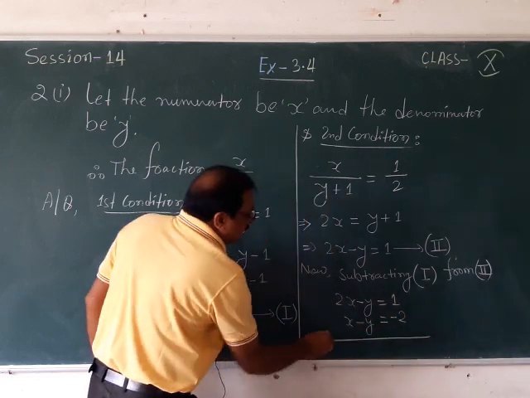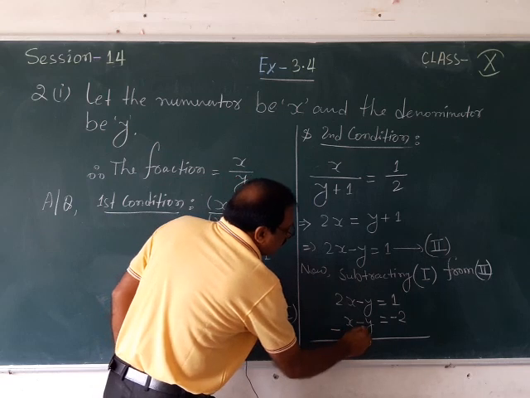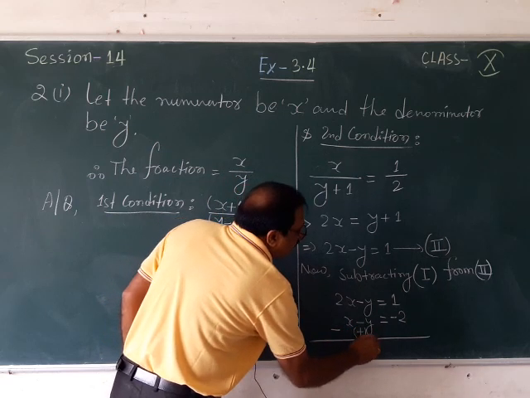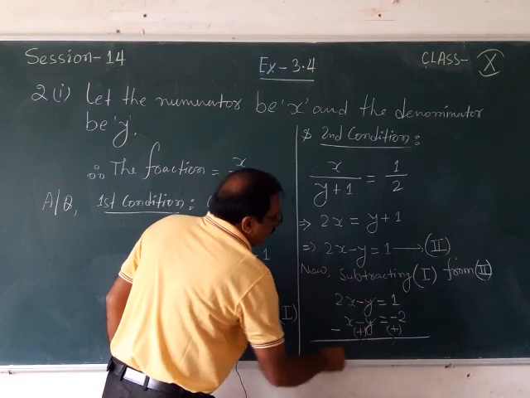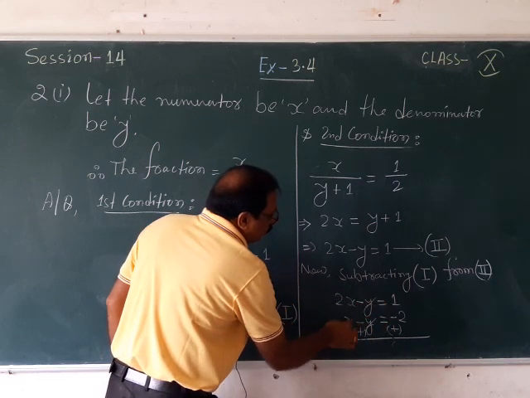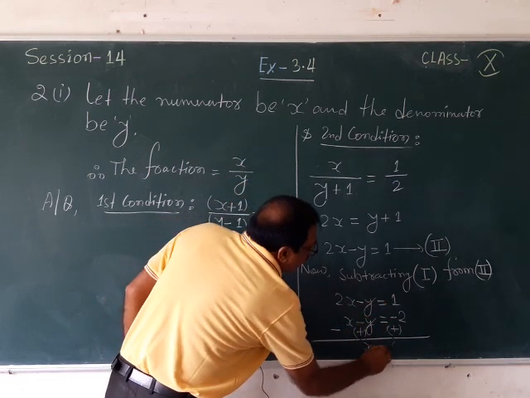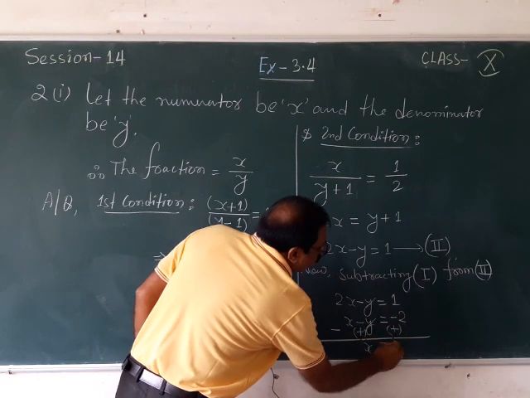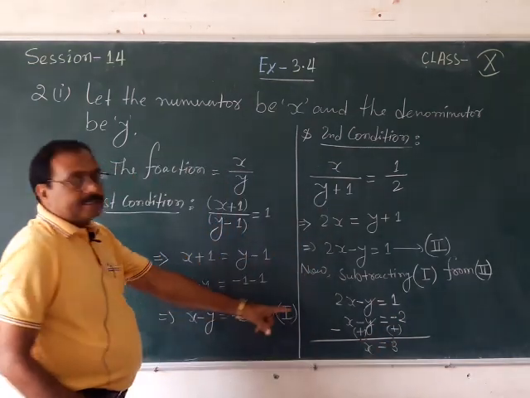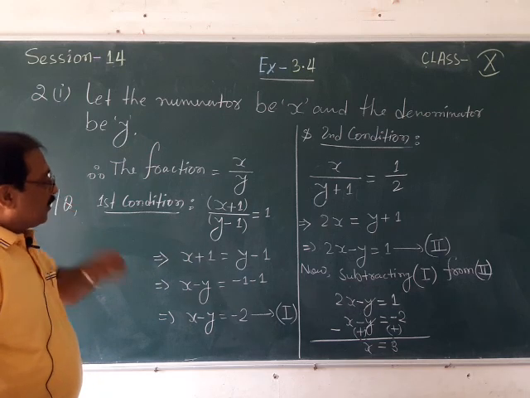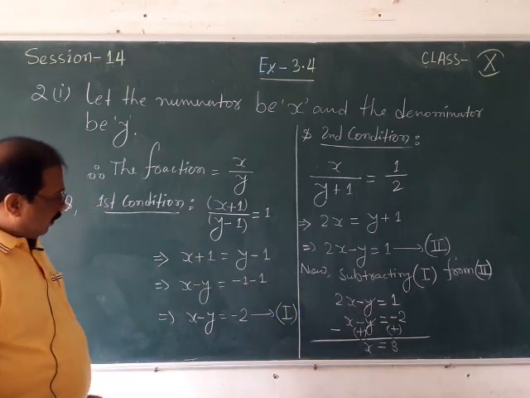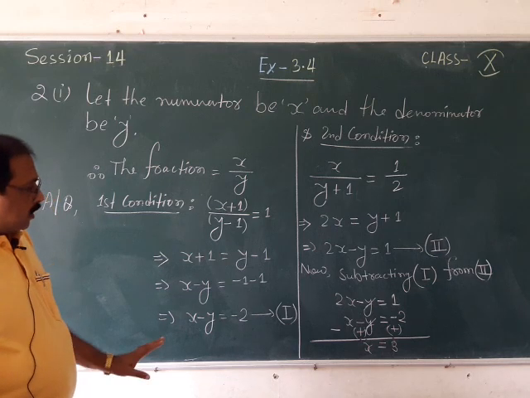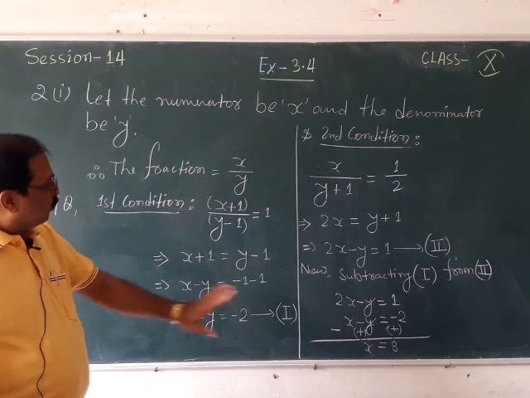Further I want to subtract, that means here a minus sign, and the signs will change to positive. So y and y can be cancelled here. So 2x minus x becomes x, and 1 plus 2 becomes 3. That means x equal to 3. This is the value of x which I have got by subtracting first from second.